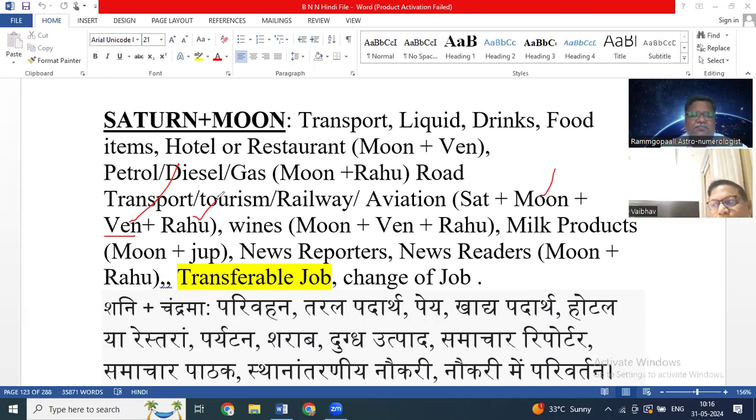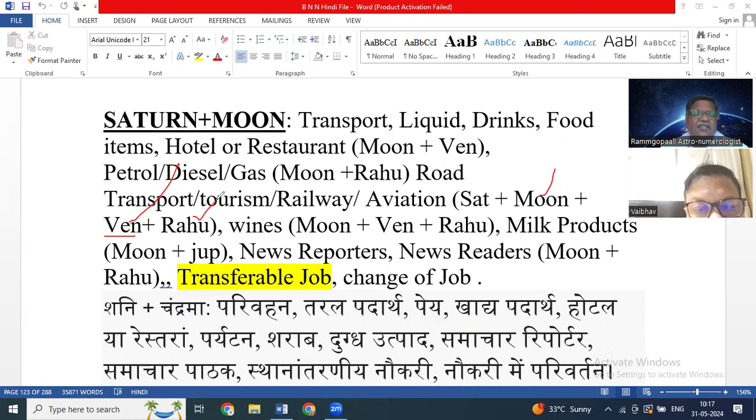So that's why news reporter, news reader, Moon plus Rahu. Moon is actually news. Rahu is a reporter. So not only reporter, TV related, channel related, any TV. And Moon denotes transferable job. So if Moon is there, always the native will transfer.